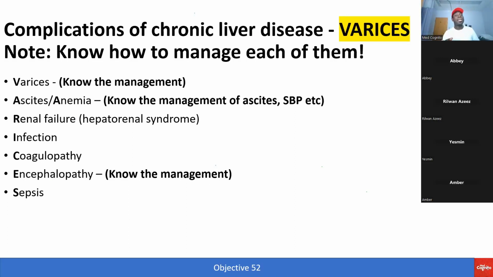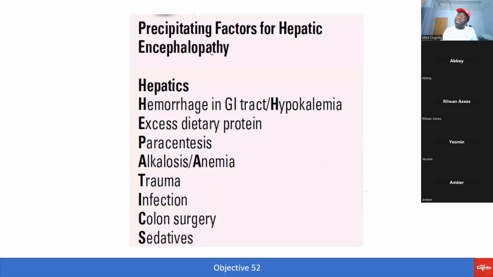You must know how to manage things like hepatic encephalopathy. So I'm going to wrap up with that. You must know the precipitating factors for hepatic encephalopathy, like hemorrhage, excessive dietary protein, paracentesis, alkalosis, trauma, infection, colon surgery, and sedatives. You must just know them.